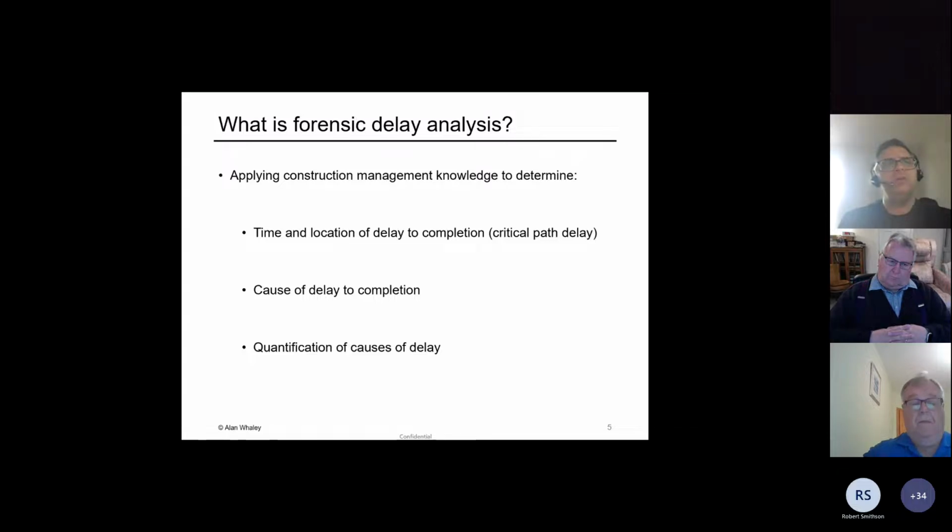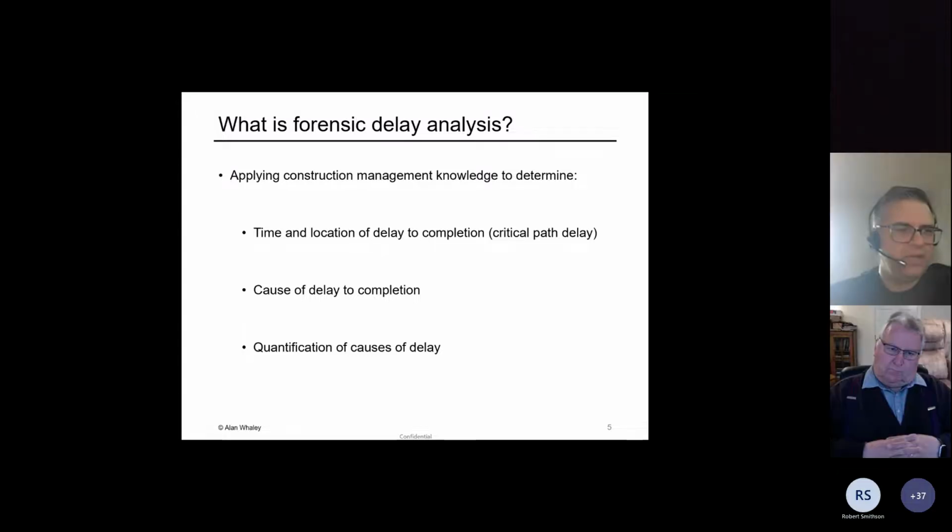And then finally, what we're going to do is quantify the delay based on different causes, because very often you find that a delay is caused by a number of factors in succession or in parallel. And then the final challenge is just to quantify the delay as to specific causes. And of course, this is valuable because we want to be able to tell, say, a tribunal or a contracts administrator who's reviewing our claim what caused the delays to the project.